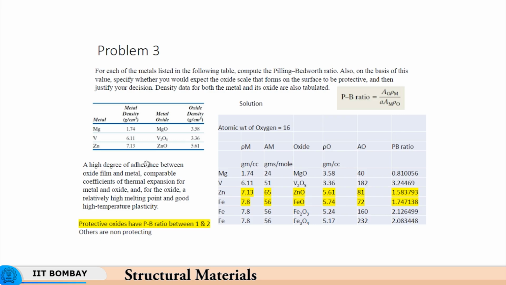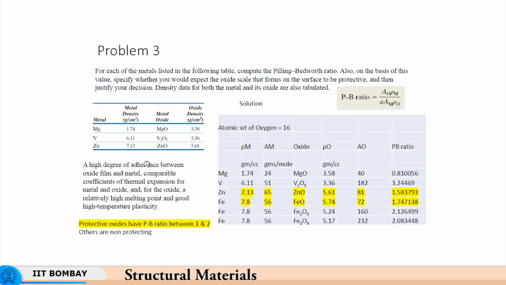So, now here you have the atomic weight of the oxide. This atomic weight of oxide has to be found as per the formula. So, for MgO, you have the atomic weight of metal 24 plus the atomic weight of oxygen, 16 grams per mole, and therefore you get the atomic weight of the oxide as 40.